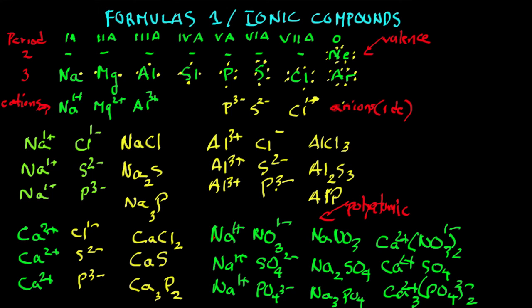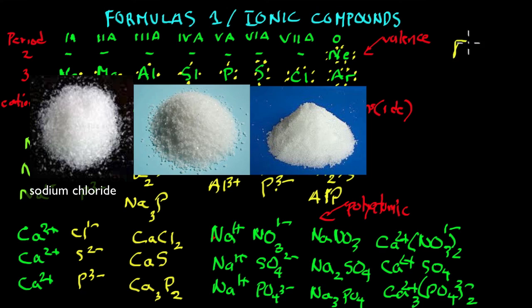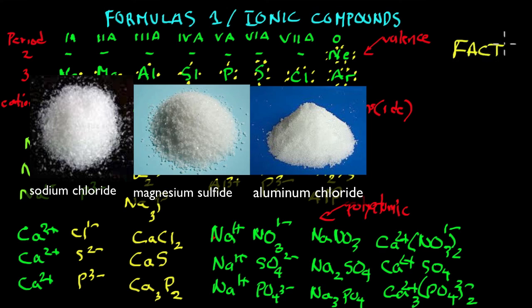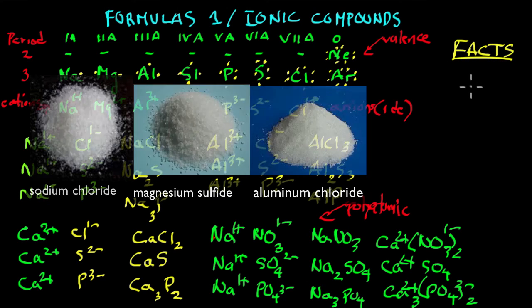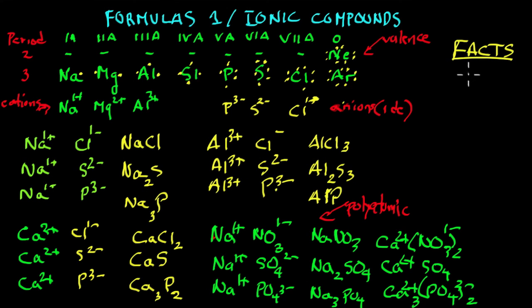Okay? So the facts about all these substances you see here, the facts. If you look up here, they're all white solids. They have a high melting point you could check out. They're crystal. So we say they're white, almost always. Crystal. They're brittle.